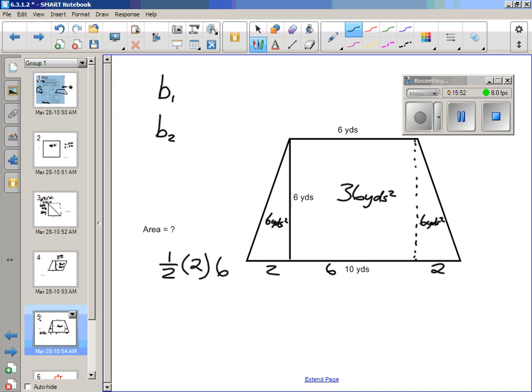Okay? So the full length of base 1 is what? 10. And then base 2, the total length of that is 6. What's the height of this? So the formula is this: 1/2 of the height times base 1 plus base 2.